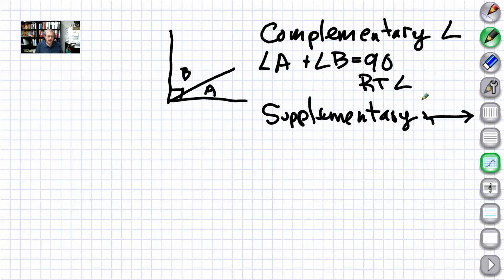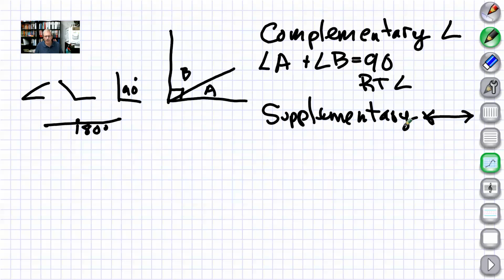You got your acute, you got your obtuse, you got your 90 right angle, and you got your straight angle, which is 180 degrees. So supplementary, two angles are going to add up to 180 degrees, because it's a straight angle.